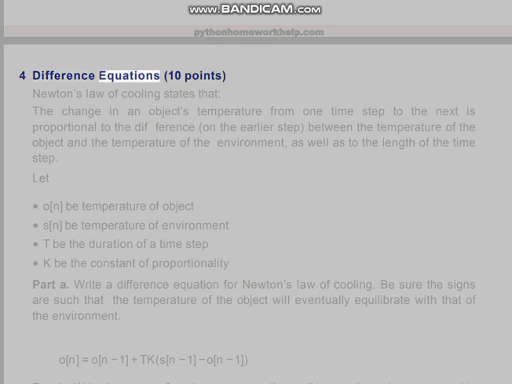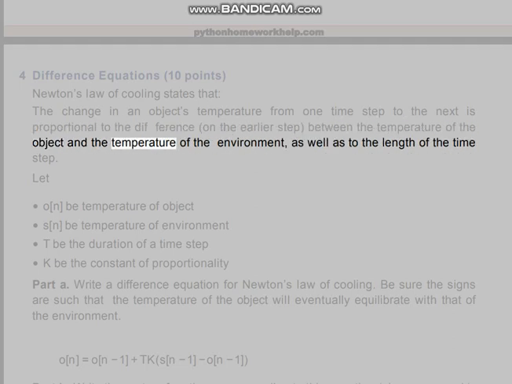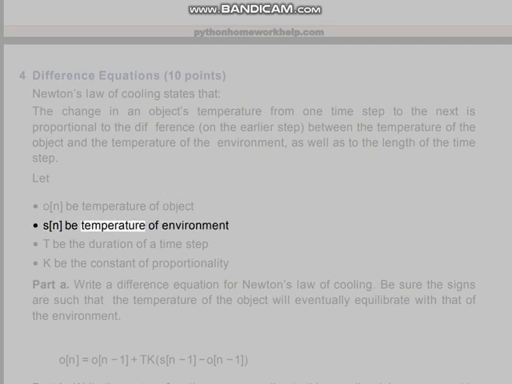4 Difference equations, 10 points. Newton's law of cooling states that the change in an object's temperature from one time step to the next is proportional to the difference, on the earlier step, between the temperature of the object and the temperature of the environment, as well as to the length of the time step. Let O[n] be temperature of object, S[n] be temperature of environment, T be the duration of a time step, K be the constant of proportionality.